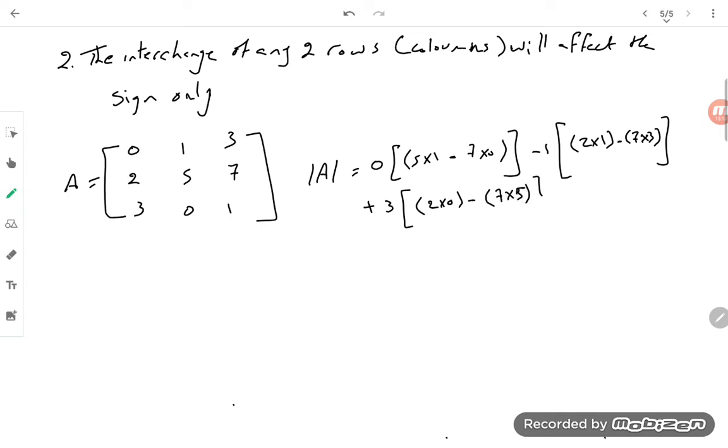Sorry, 5 multiplied by 3. So the value will be negative 26.